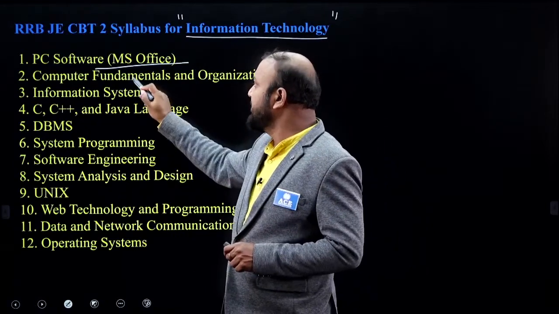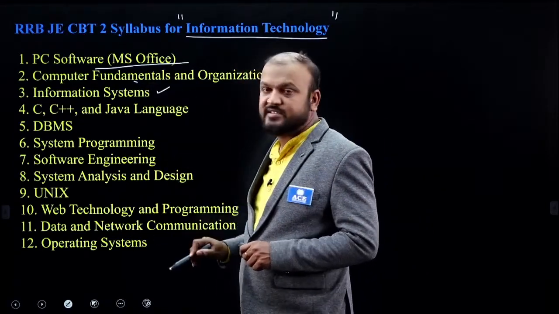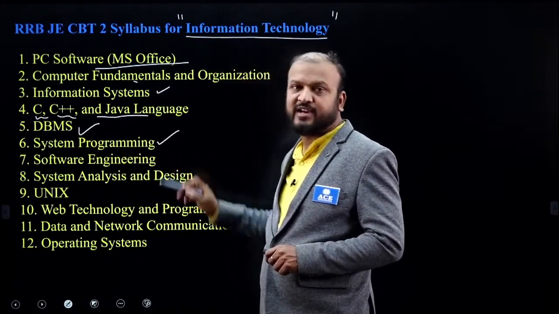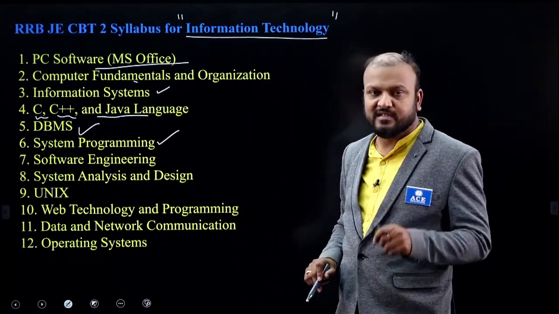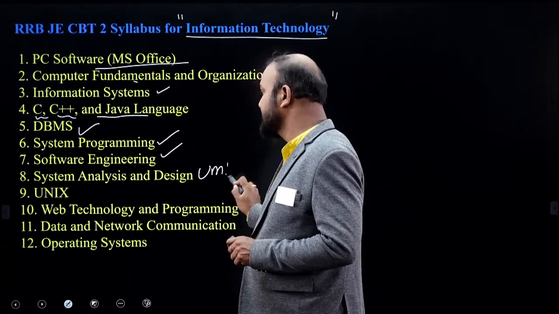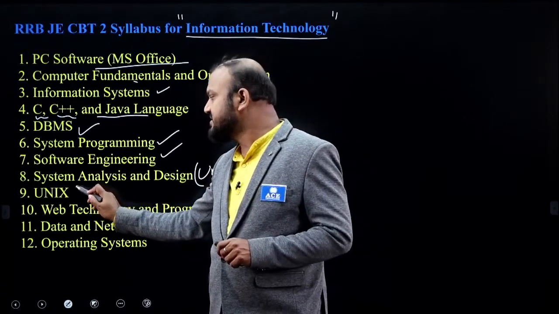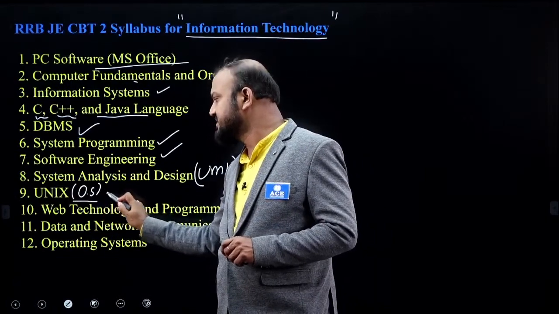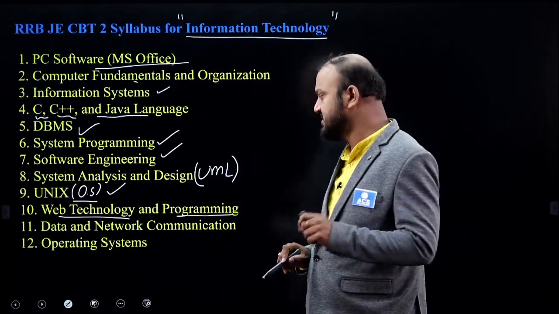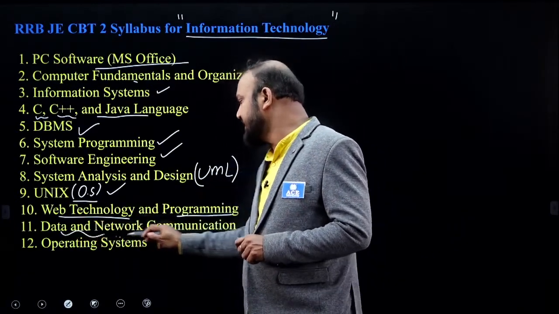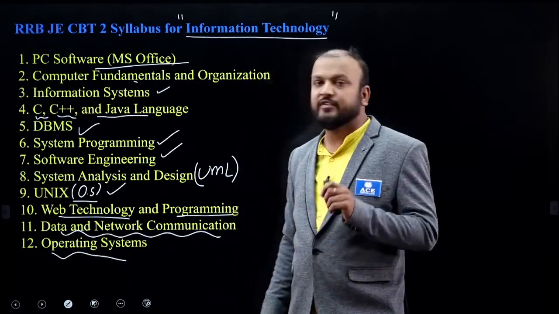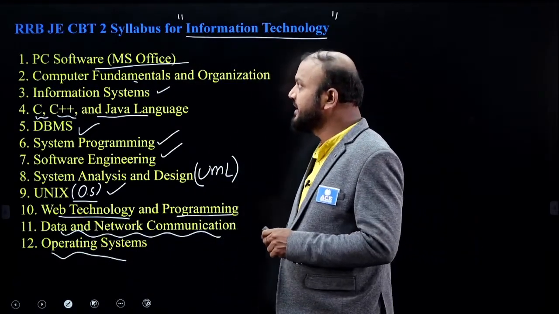Computer fundamentals and organization, information systems and languages like C, C++, Java, databases, system programming consisting of compilers, linkers, loaders, assemblers, software engineering and UML concepts, system analysis and design, operating system more specifically the Unix operating system, and web technologies and web programming consisting of HTML, CSS, JavaScript and all, and data and network communications. So these are the topics for RRB JE IT, right?